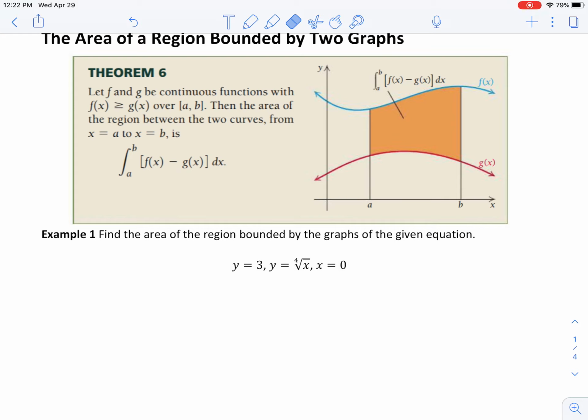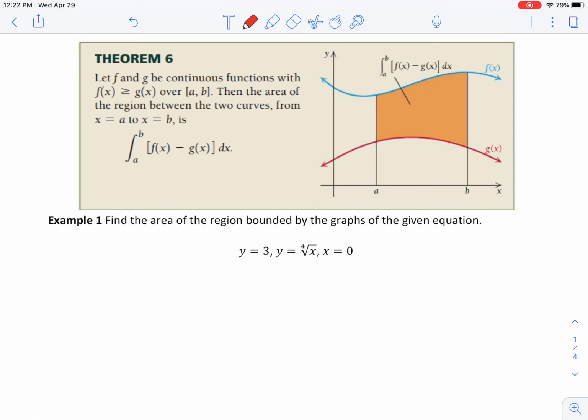So I copied a theorem down here for you. Let f and g be continuous functions with f greater than g over this interval a to b. Now, you're going to have to figure out who is bigger and who is higher so that we can subtract, because we want to do this blue graph minus this red graph.